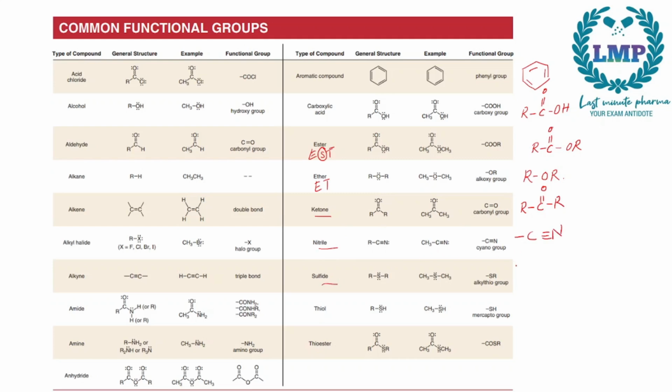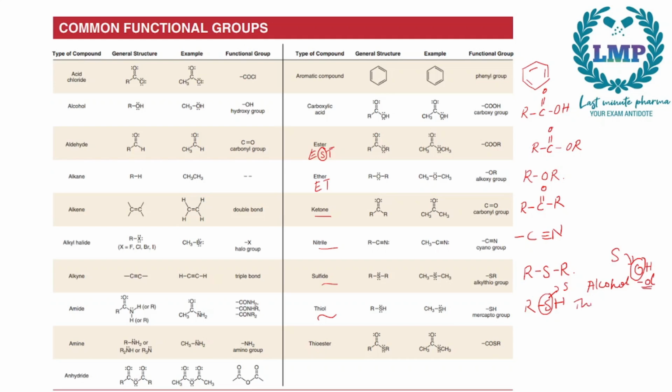For a sulfide, we will have R S R. For thiol, we will have R S H. Now if you notice, thiol is like an alcohol. For an alcohol, we use OH, but for a thiol, since thio is sulfur, we substitute the oxygen with sulfur.